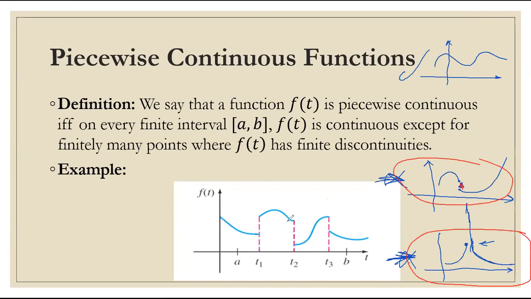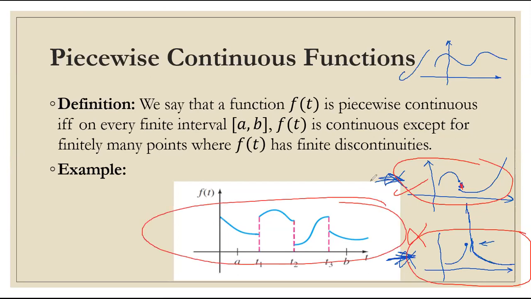So this function isn't piecewise, but this one is piecewise. What about this? Actually, this function is also piecewise, because the number of discontinuity points here is only 3. So the number of discontinuity points is finite, and all the discontinuities are finite discontinuities also.